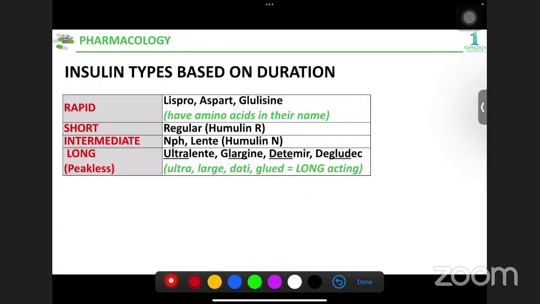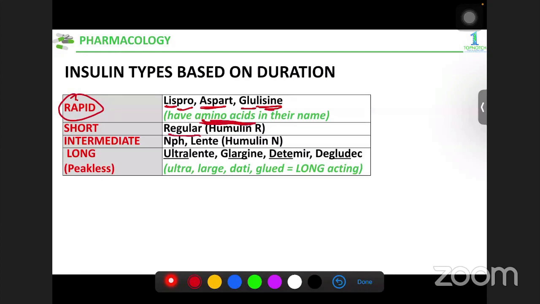Okay, so we're on endocrine now, which is more important. For drugs with amino acids in their name, my mnemonic is lysine, choline, aspartate, glutamic, and lysine. These are rapid-acting insulins. So they're fast, with an amino acid, basic drugs only.